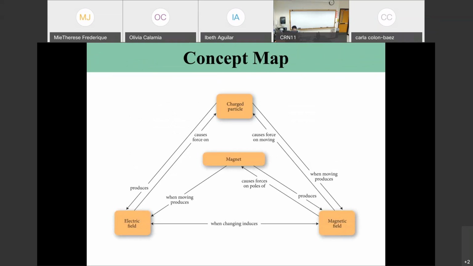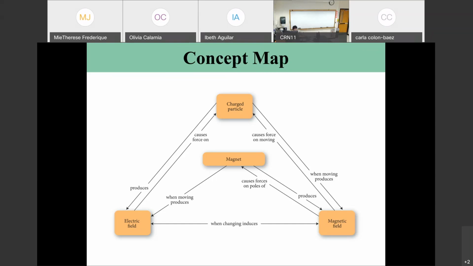So look at this concept now. The electric field can be due to a charged particle, and it will cause a force on a charged particle. An electric field induces a magnetic field when it changes. The same with the magnetic field too. So this is basically how you relate electricity and magnetism.